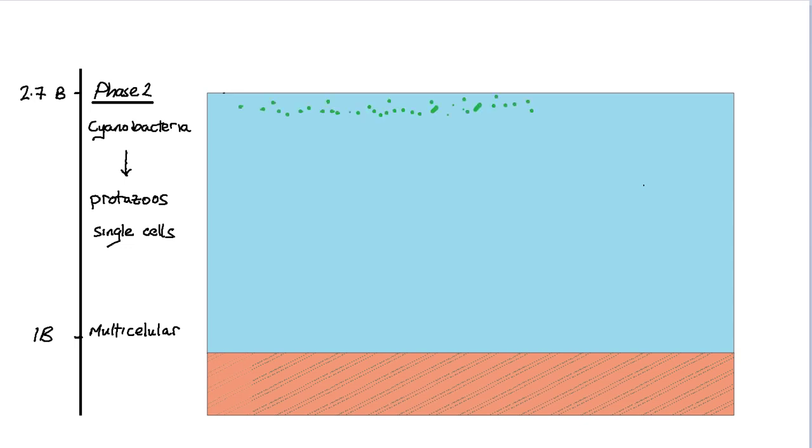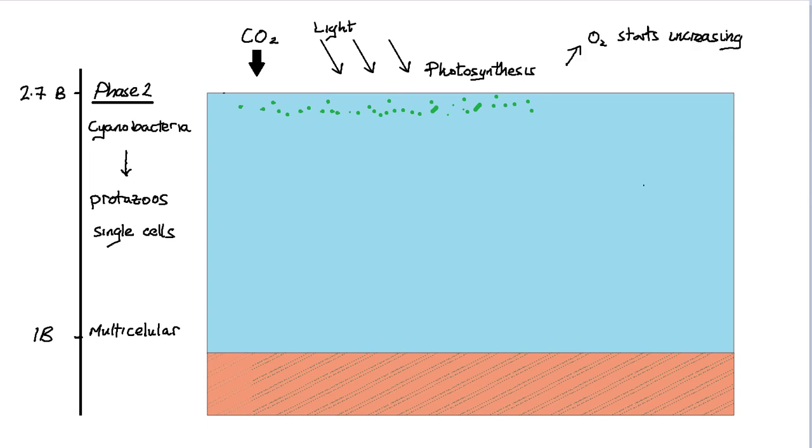So the process that is taking place in these cyanobacteria is photosynthesis, and that's where CO2 dissolves into the oceans. It's consumed by the cyanobacteria, and with the help of light, carbon dioxide and water are synthesized into oxygen and sugars by the living organisms.